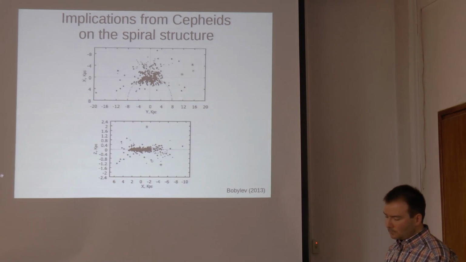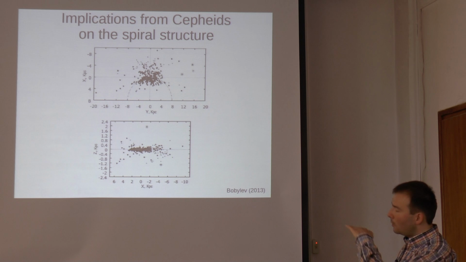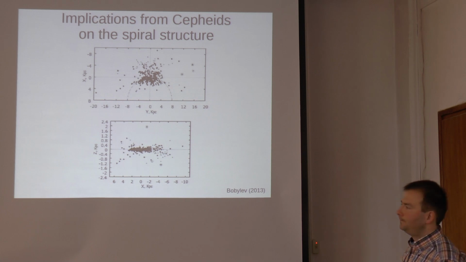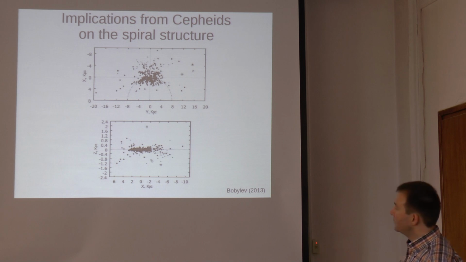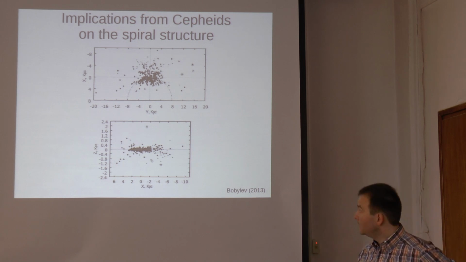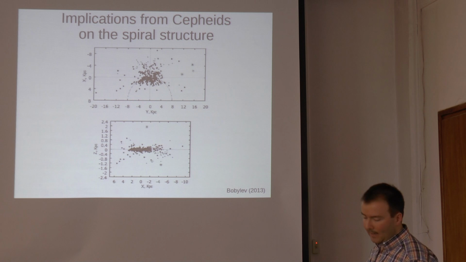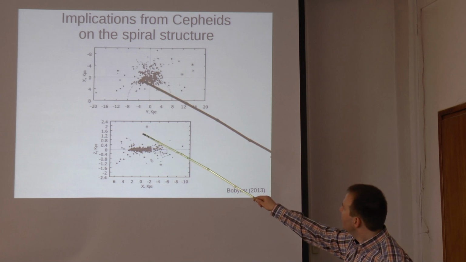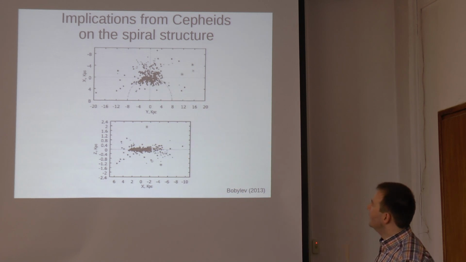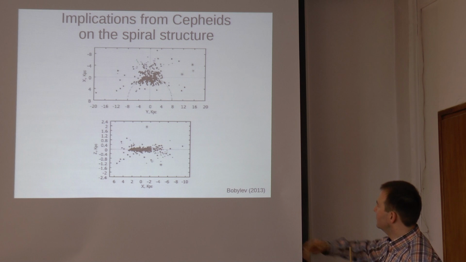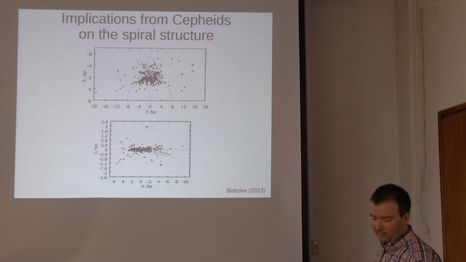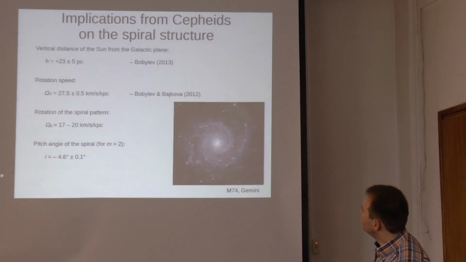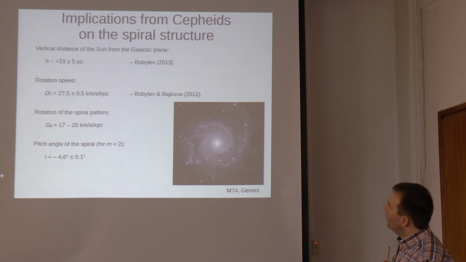And classical Cepheids are young objects that may help us to see the structure of the disk in our galaxy. But so far, as you can see, it is not easy. We can see that they form a curved stripe, but this is not very strong. And some more numbers.